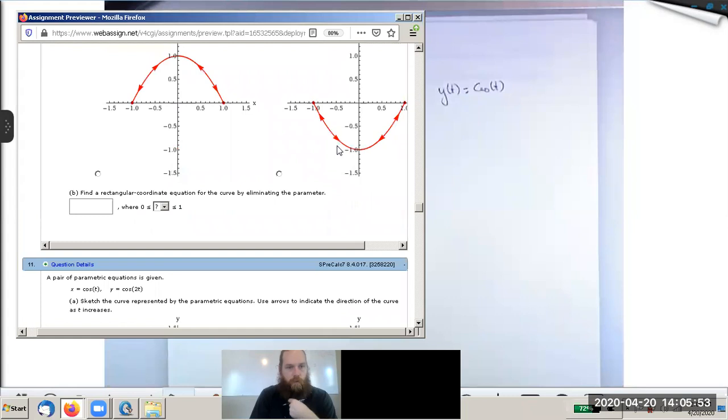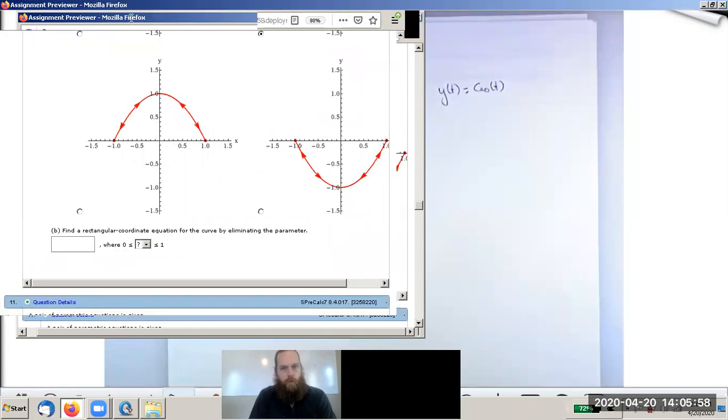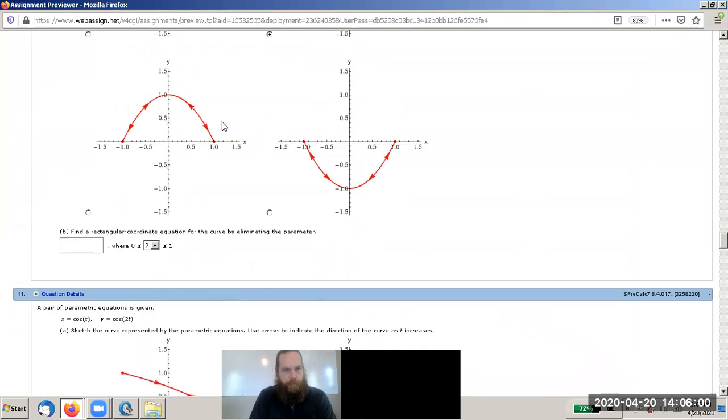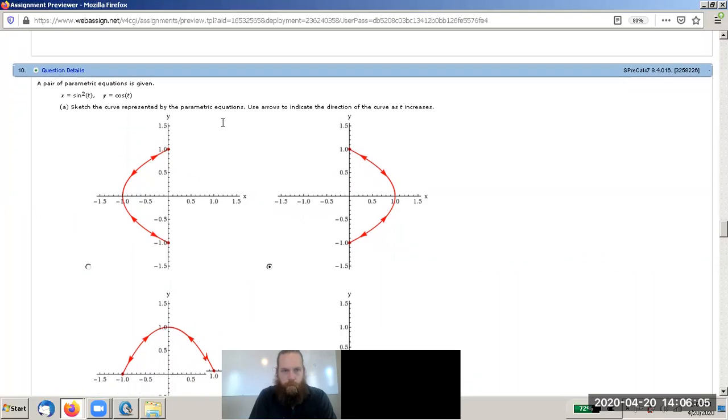As t increases, find a rectangular equation by eliminating the parameter. Where is the t value thing here? Am I blind?